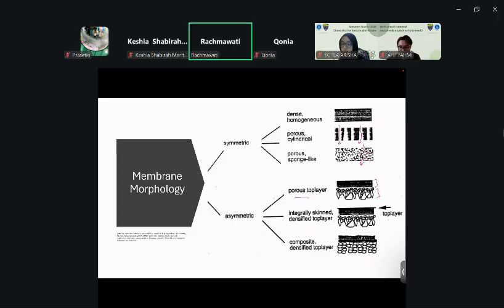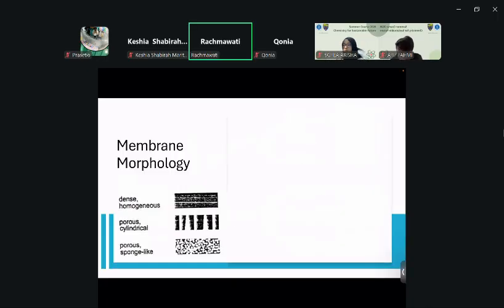And it can also be an integrally skinned or densified top layer, something like this, and also become composite with a densified top layer. But anyway, you see the difference. So you have at least two types. The first one is dense, but then the second one you have something like this or like this. So you can see the difference between symmetric and asymmetric types of membrane morphology.